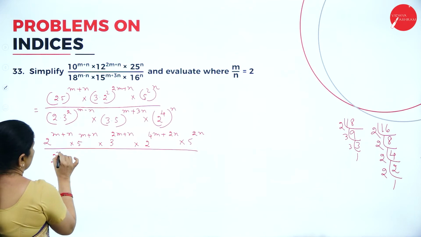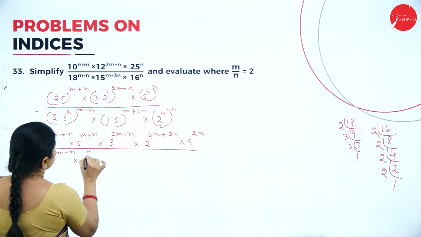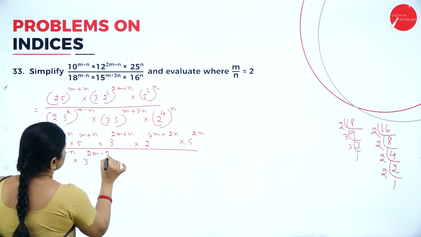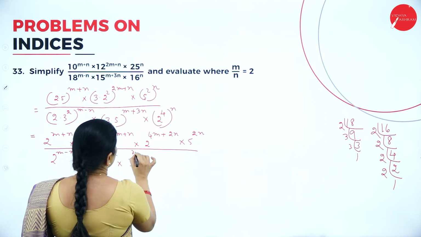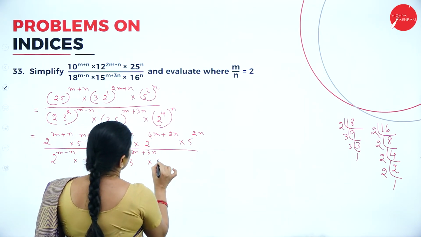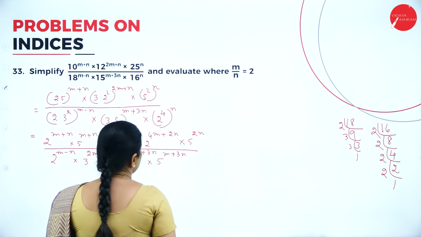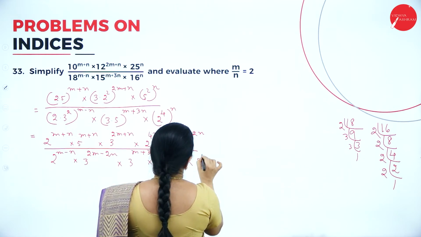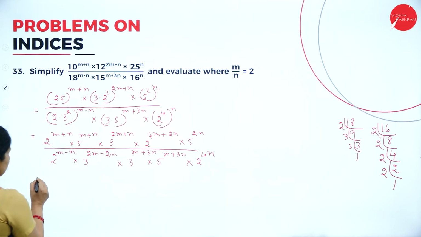2 to the power of m minus n into 3 to the power of 2m minus 2n into 3 to the power of m plus 3n into 5 to the power of m plus 3n into 2 to the power of 4n. So this will be equal to, I'll segregate all the base 2.